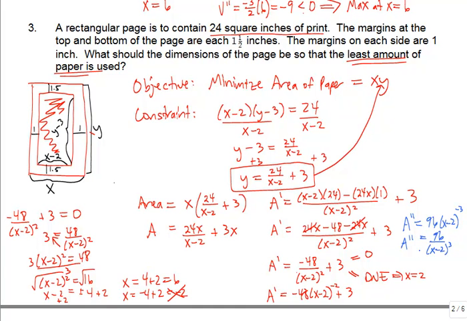So if I look at my critical point of 6 right here and I plug that in, 6 minus 2 is 4, and 4 cubed is positive, and 96 divided by a positive is going to stay positive. So at x equals 6, this second derivative is greater than 0, which if it's positive, that means you're concave up. That implies that we have a min at 6. So that's what we want.